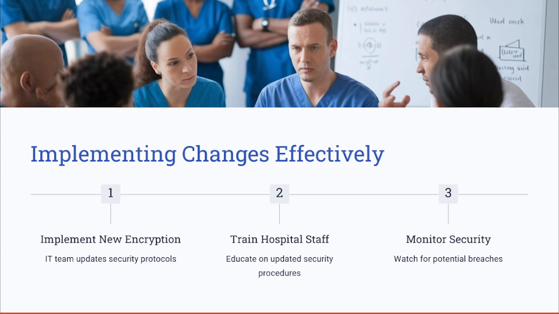Also, you need to integrate the change into the project workflow. Take an IT system upgrade in a hospital: if the patient data security protocol changes, the IT team must implement the new encryption mechanism, train the hospital staff on updated security procedures, and monitor for potential security breaches. A structured implementation plan ensures a seamless transition with minimal disruption.